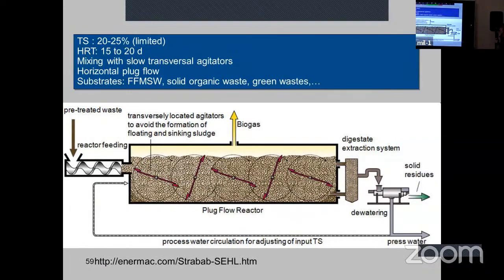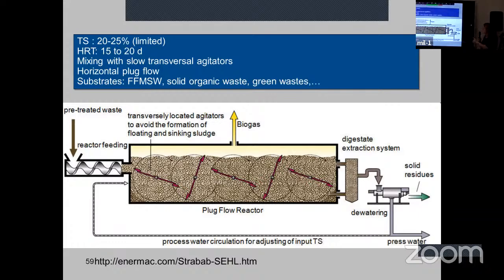This is the CompoGas process. It is a horizontal one. And the mixing is like a plug flow process. So the feeding enters on the left side, and it will exit at the other side after a hydraulic retention time of around 20 days.